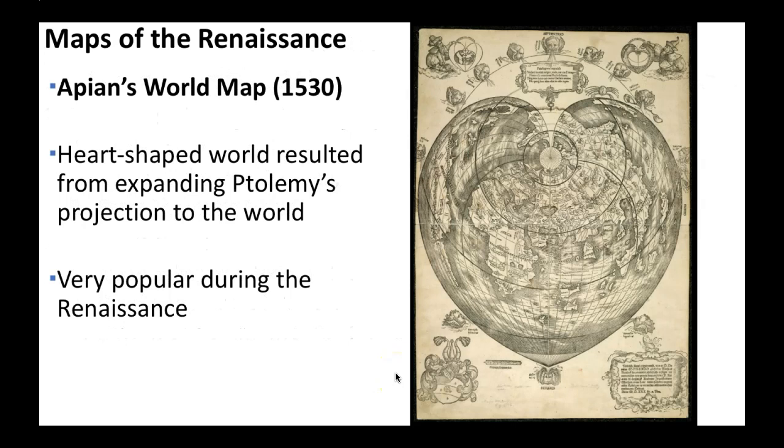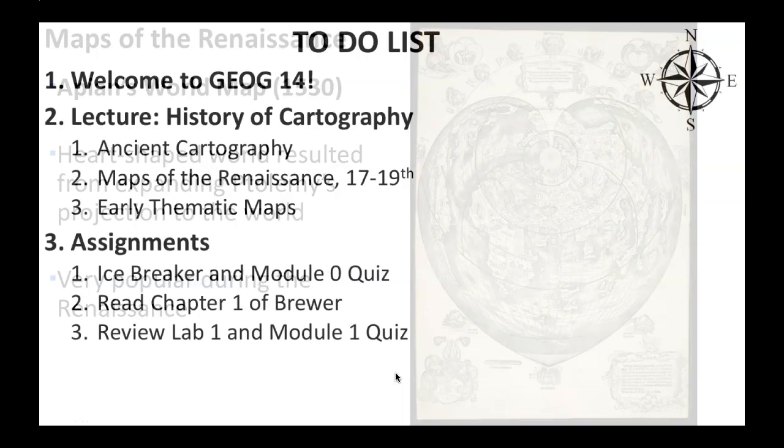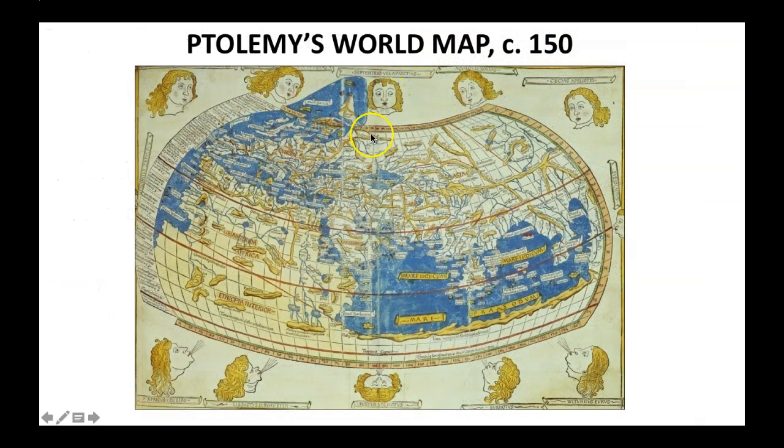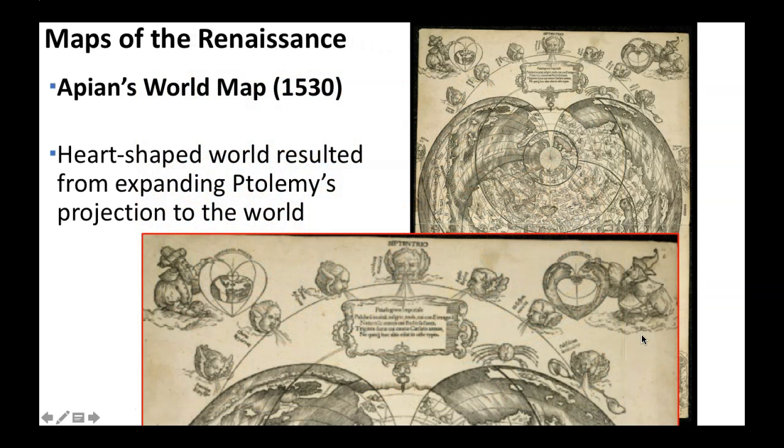So I want to continue with maps of the Renaissance now. I want to focus first on Appian's world map from 1530. This is a heart-shaped map that resulted from expanding Ptolemy's projection of the world. If you recall, Ptolemy's projection of the world included the first projection here with a graticule system, and this is expanded upon in Appian's world map.